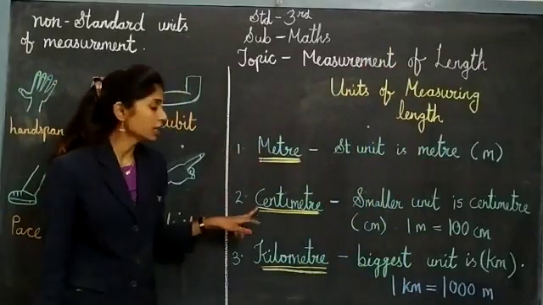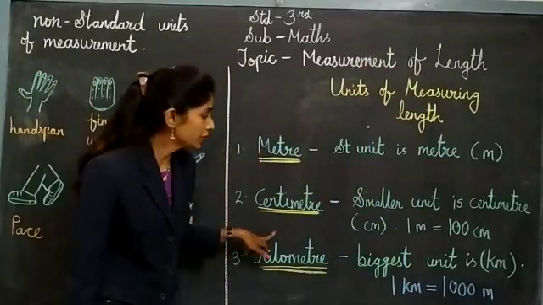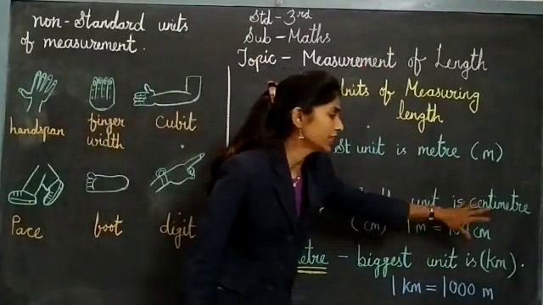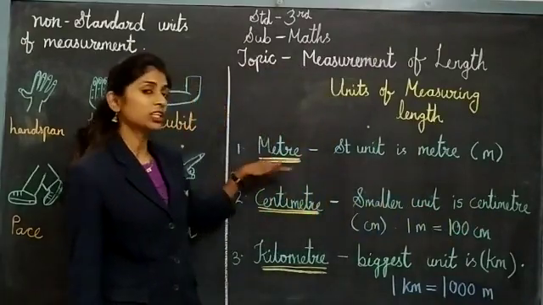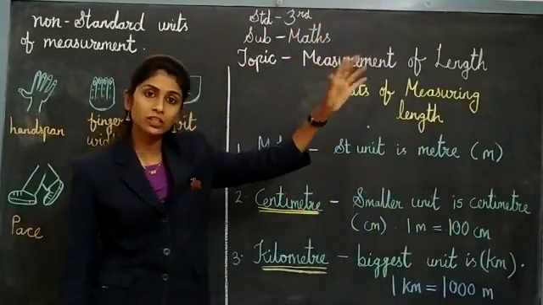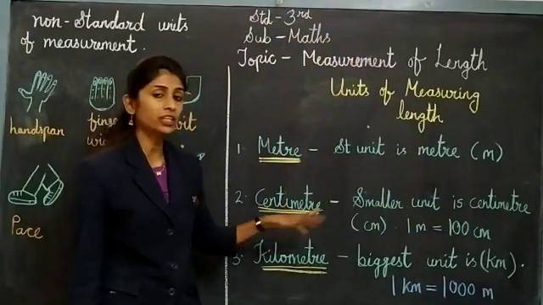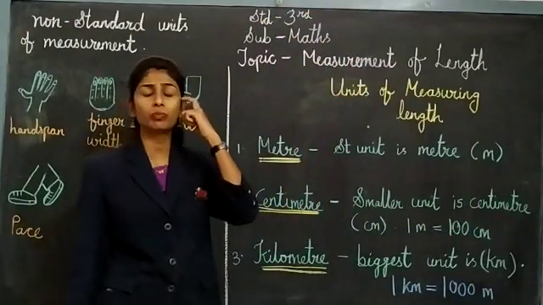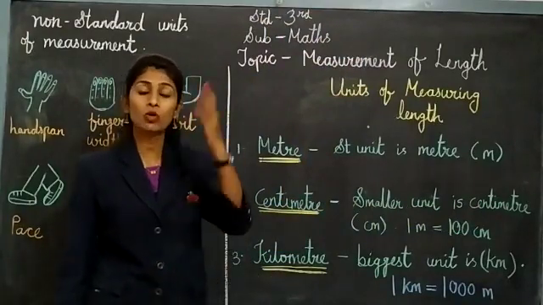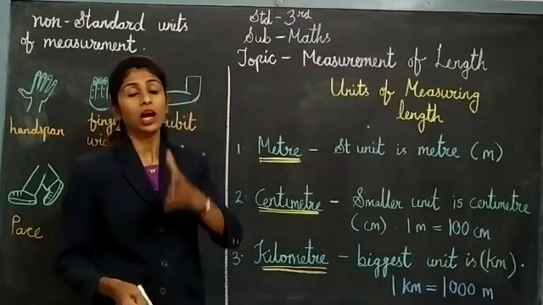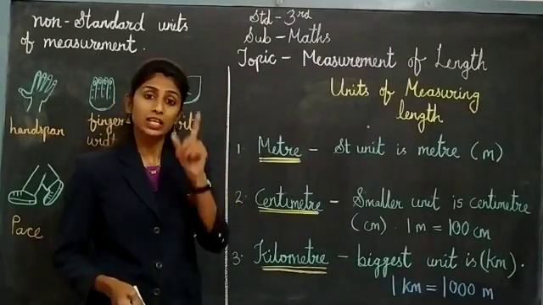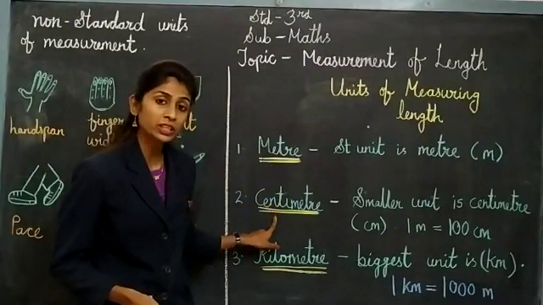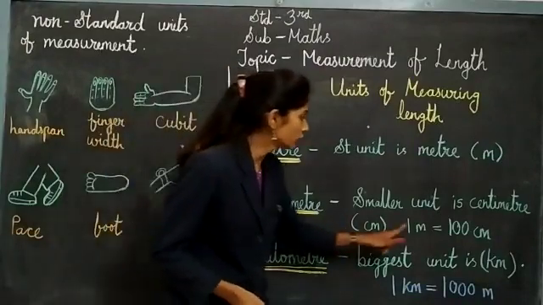Then next is your centimeter. Centimeter is a smaller unit. Meter is for long objects, long things, and centimeter is for small things. And how do we denote centimeter?